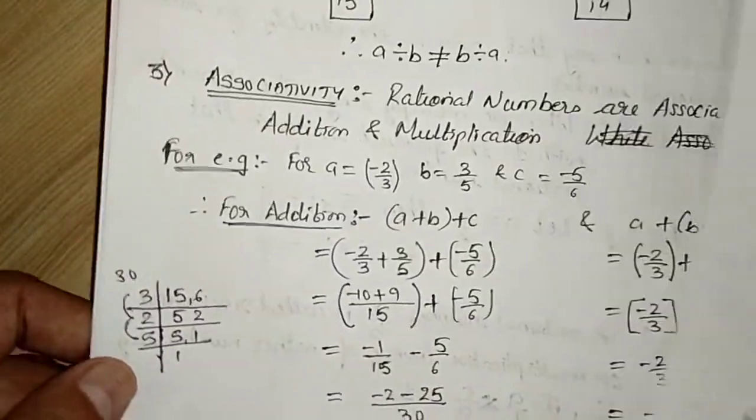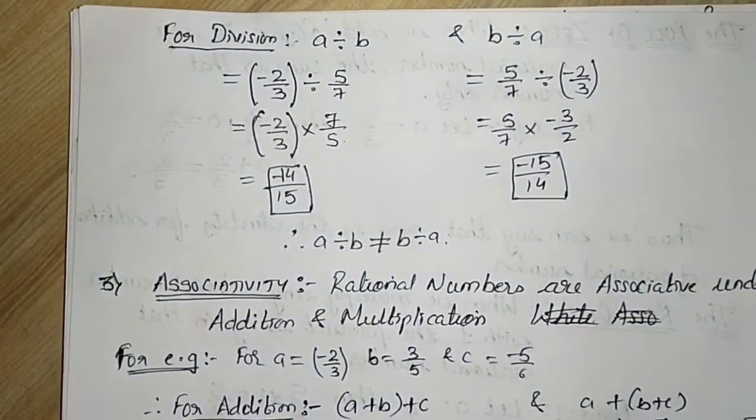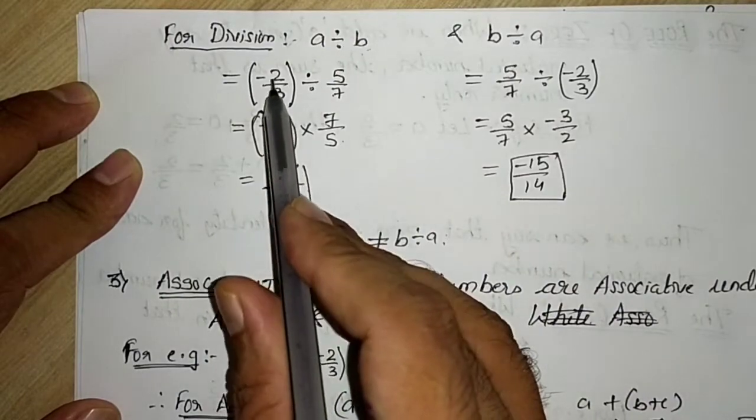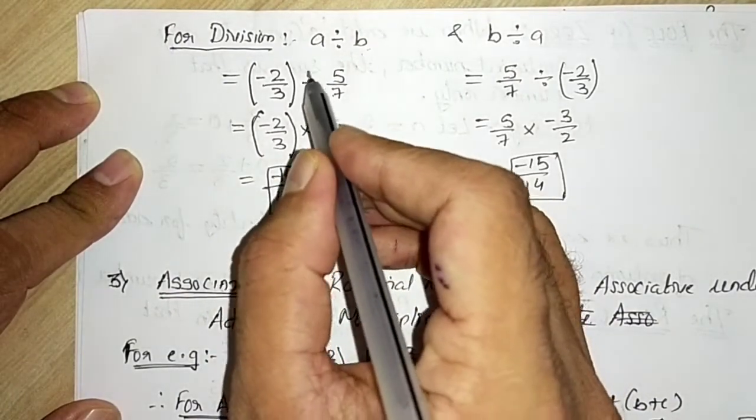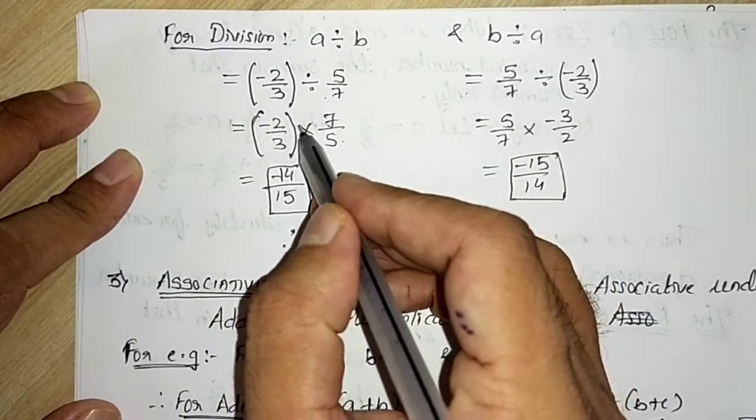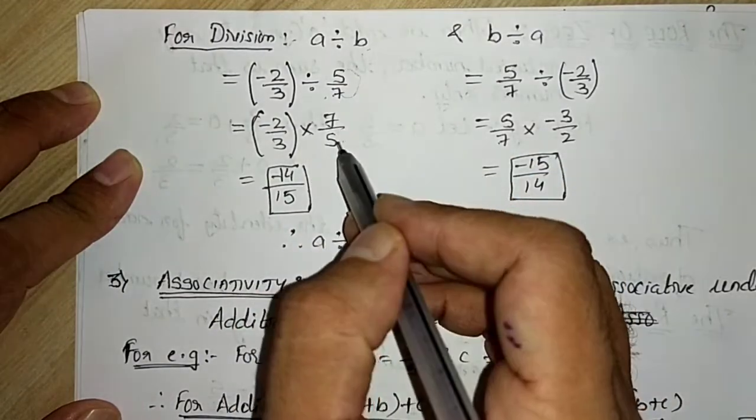For that also I have taken one example. Let me show you. First I have done a divided by b, the same two numbers. Division is the reciprocal of multiplication, so if I am converting it into multiplication, I have to take 7 by 5.